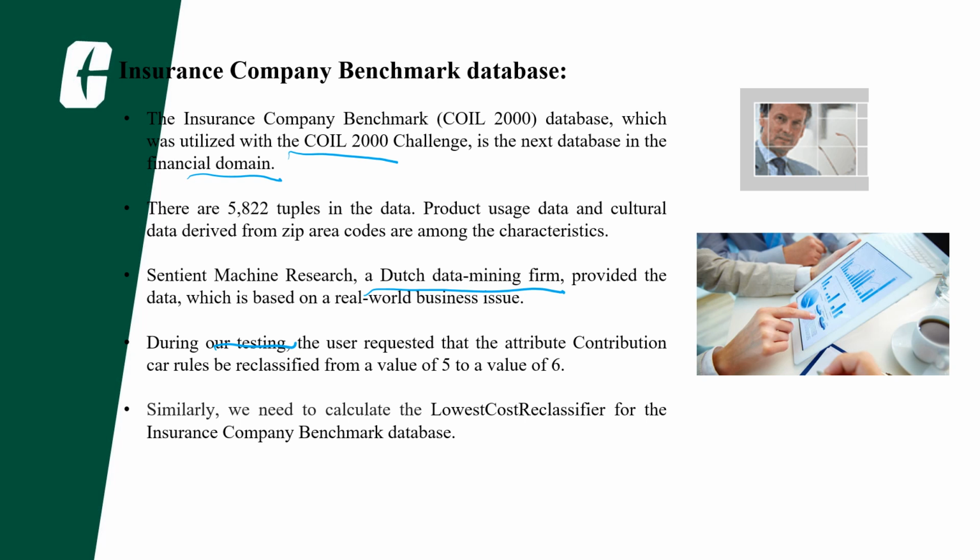We will take values from 5 and the value to reclassify is 6, with minimum confidence and minimum support and data file equal to insurance company. Using these properties, we will calculate the lowest cost reclassifier for the insurance company benchmark database.